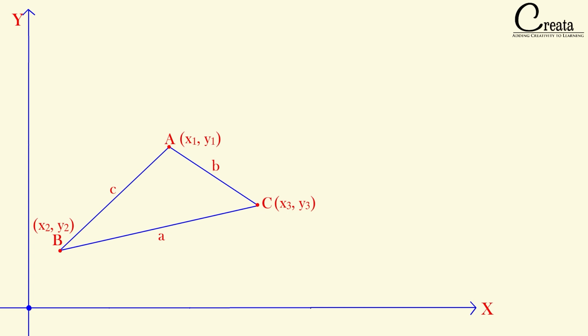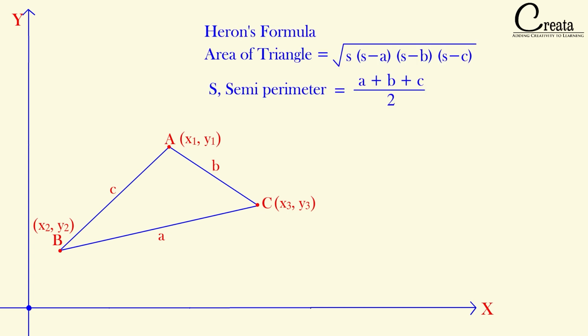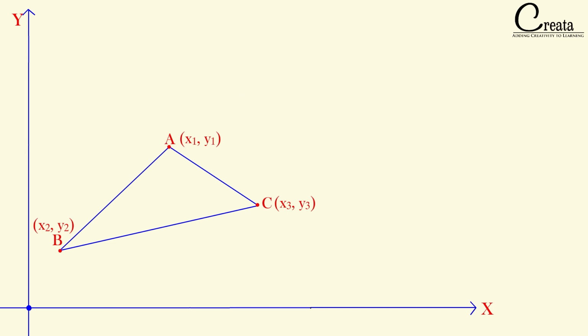Once we get all the sides of this triangle, then we can apply Heron's formula to find the area of this triangle. This is the straightforward strategy that we can use. The other method is what we will discuss in this lecture. So let's begin with our lecture, that is we will find the formula of the area of the triangle in the coordinate system. So let's proceed.